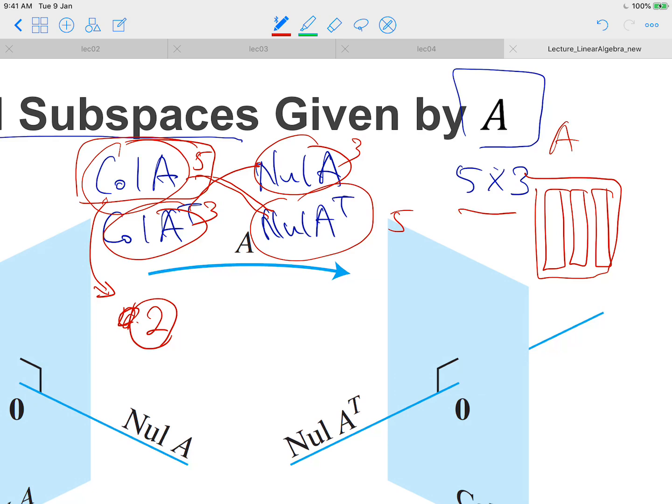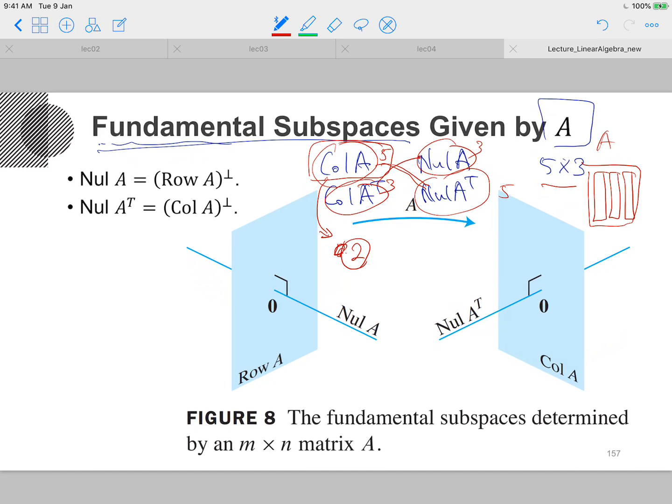So that's the complementary relationship between the column space of A and the null space of A transpose. That is why it is called orthogonal complement.